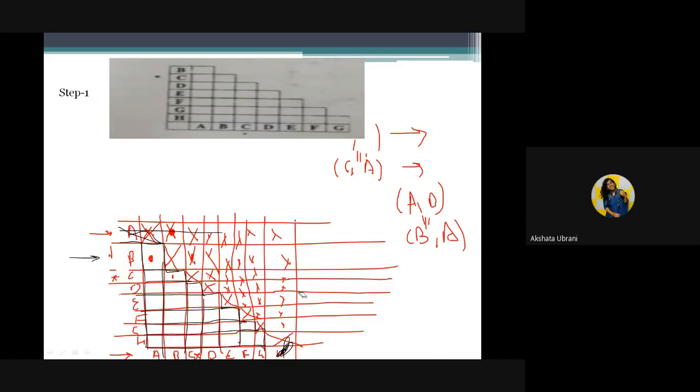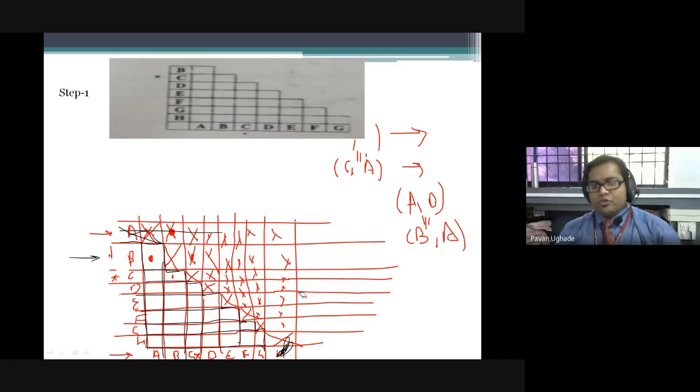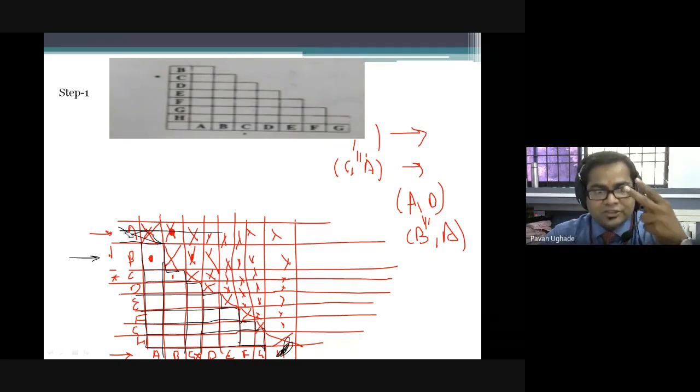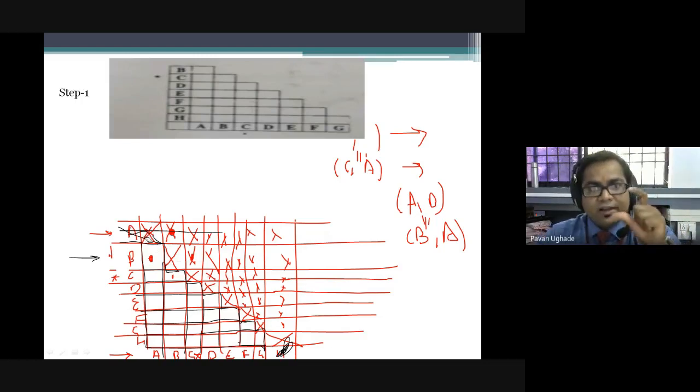Sir, can you explain this table once again? Yeah, no issues. See, guys, generally it is a two-dimensional table. So what I have done, A, B, C, D, E, F, G I have written on the rows, as well as on the columns I have written A, B, C, D, E, F, G, H. But we are finding out here the equivalent states.